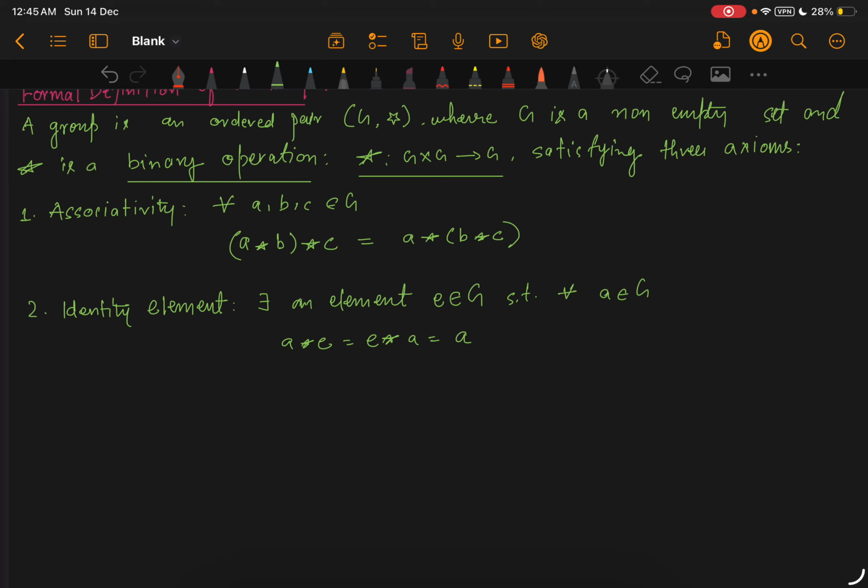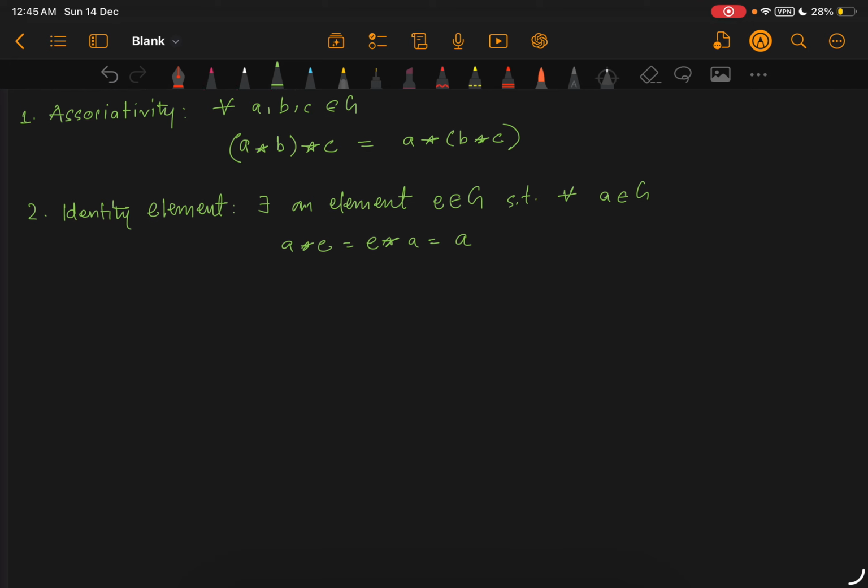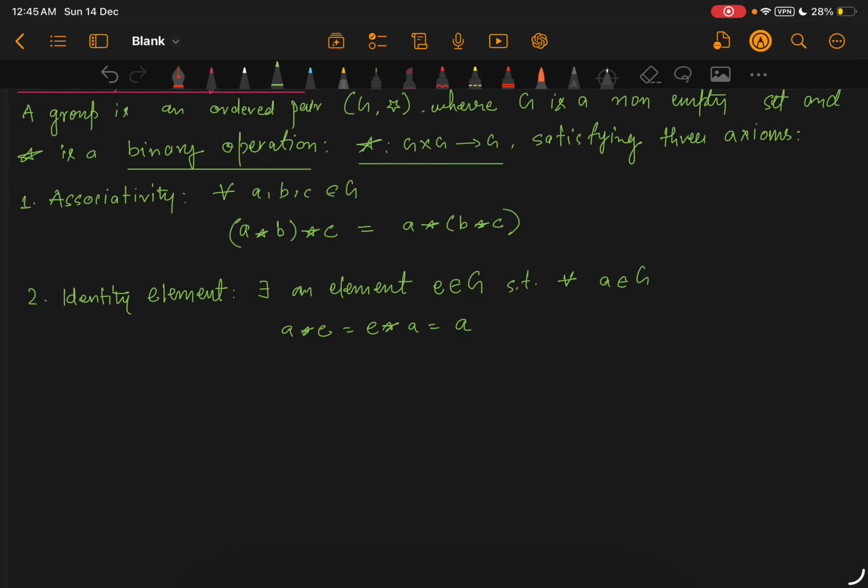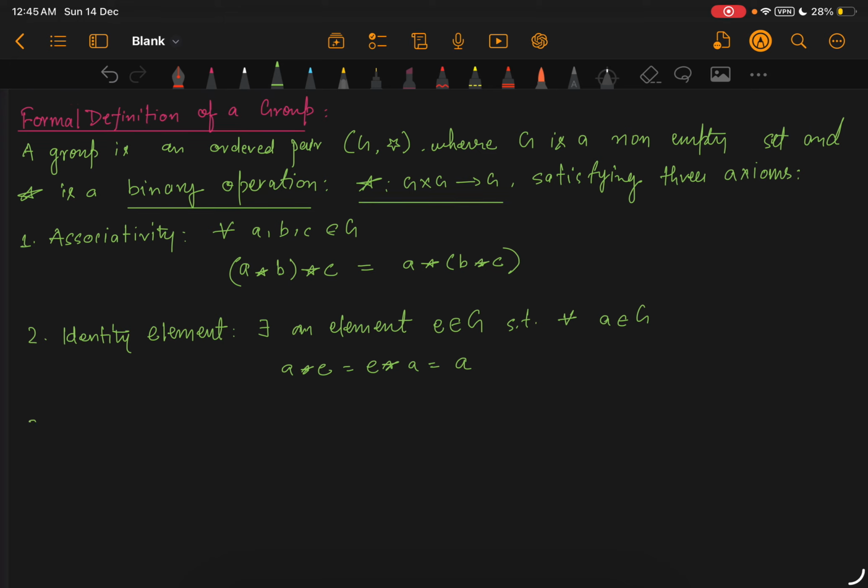And of course an inverse element. The third and important condition is the inverse element. Every element should be invertible.